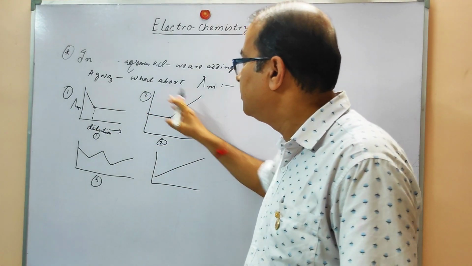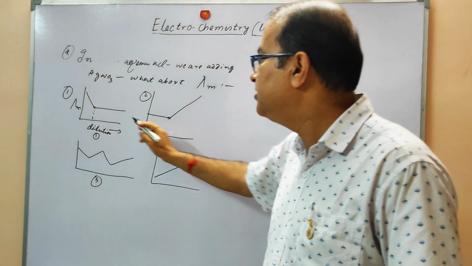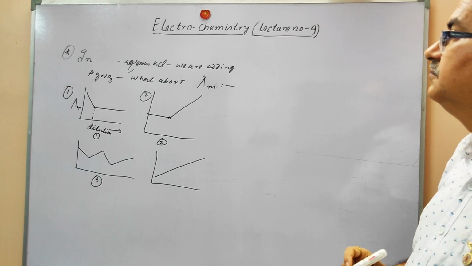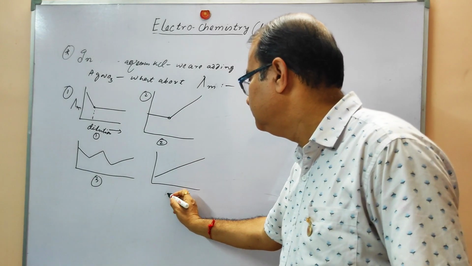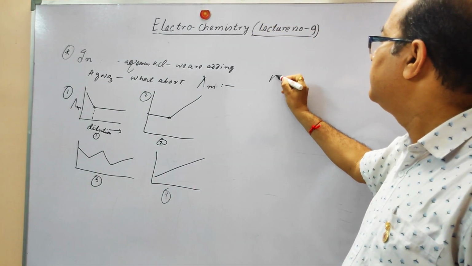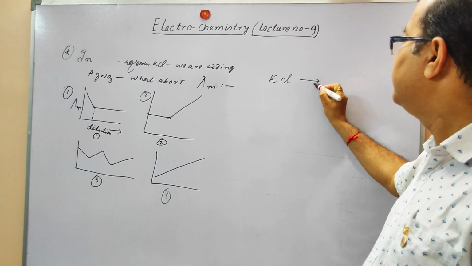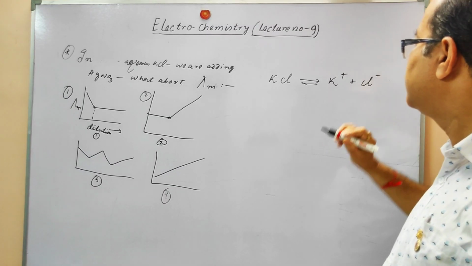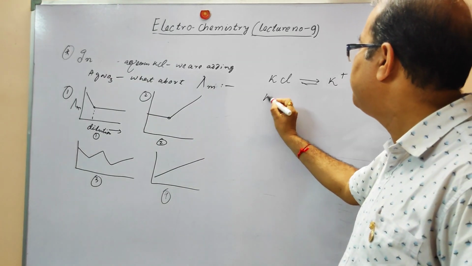Then what will be the option, this or this or this? So here you can see, aqueous solution of KCl means it has K plus and Cl minus ions, and when we are adding AgNO3, at that time what is going to happen?